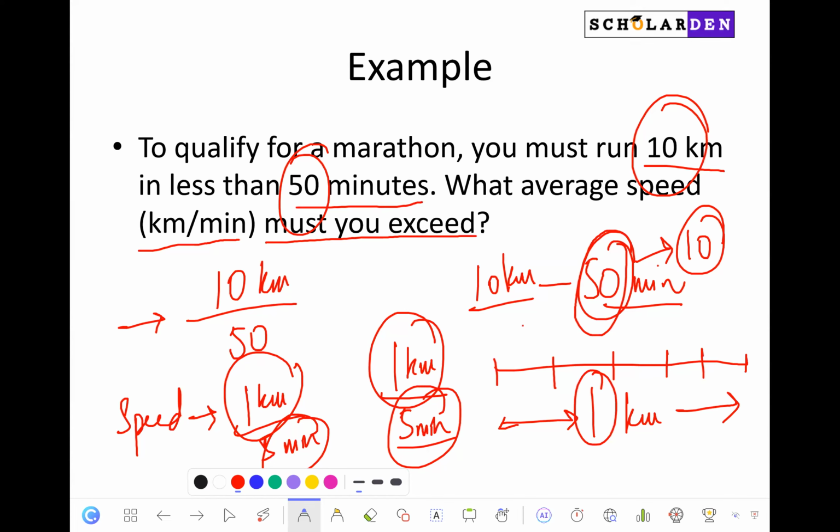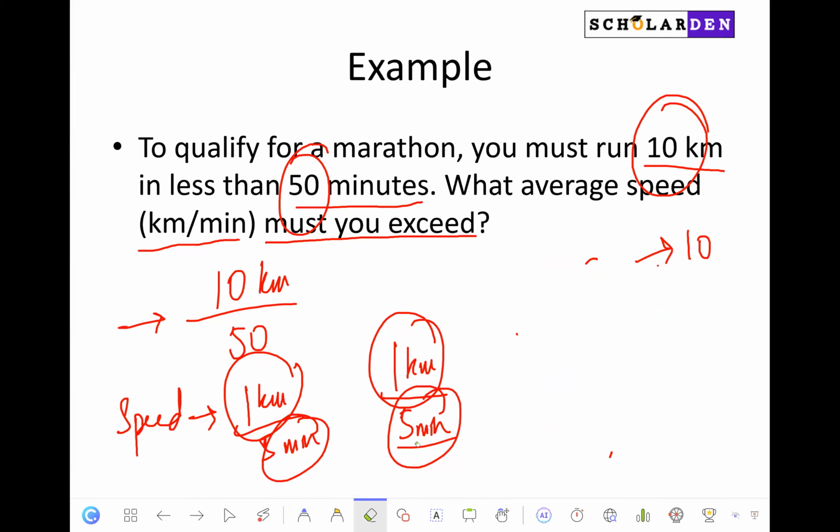I have to cover 0.2 kilometers over here, 0.2 kilometers over here, and so on and so forth. If I cover 0.2 kilometers in every chunk, which is 1 minute, I'm going to end up covering 1 kilometer in 5 minutes. So the speed is 0.2 kilometers per minute.